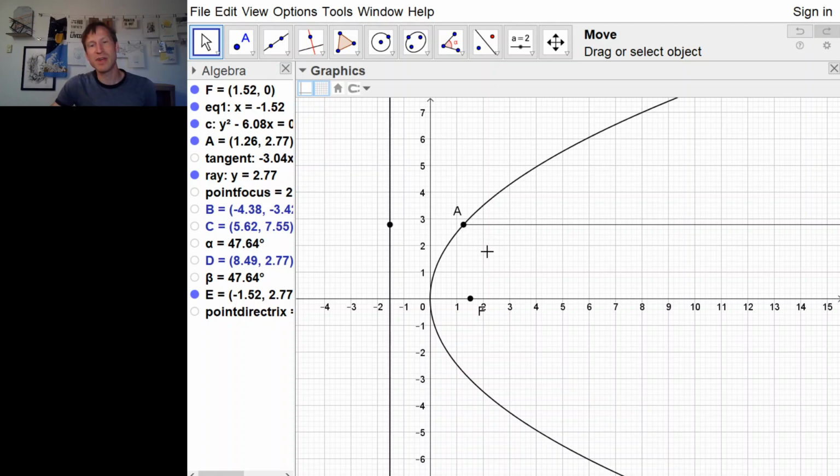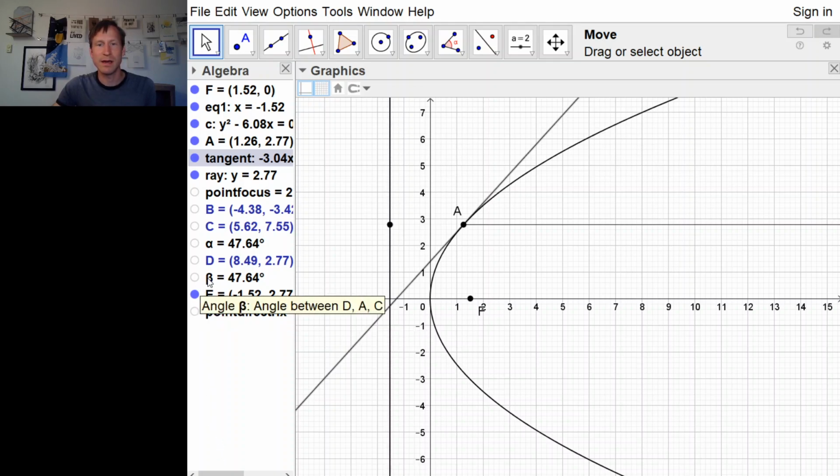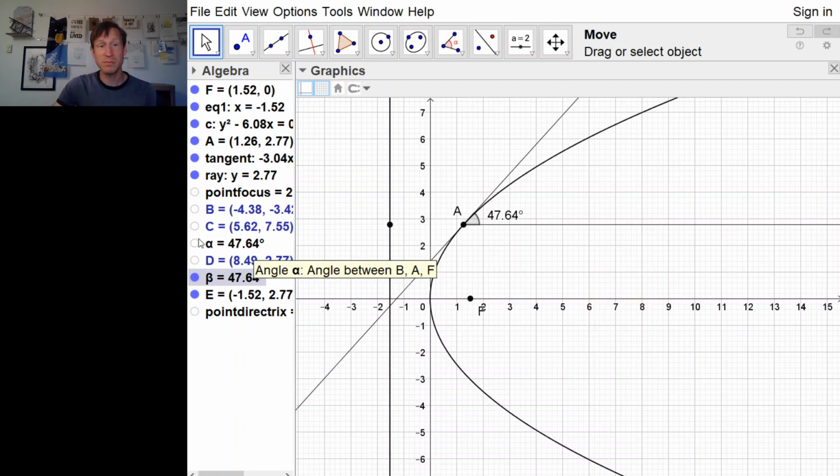Well, to know how this light ray is going to reflect off of our parabolic mirror, you have to know a little bit about how waves, like light or sound, reflect off of surfaces. And if you ask a physicist, what they will tell you is if you draw the tangent line at the mirror surface, and you measure the angle at which the light ray is striking the mirror, like this, so it looks like here it's about 47.64 degrees, the angle that it reflects off of the mirror is going to be the same, 47.64 degrees.